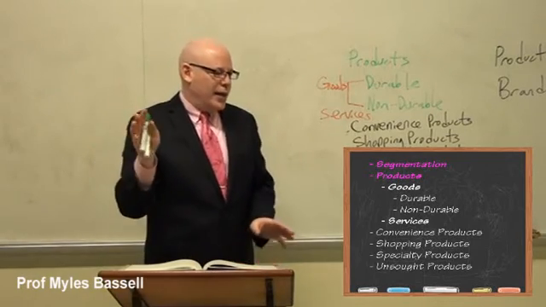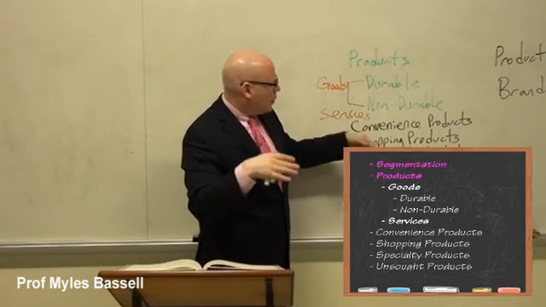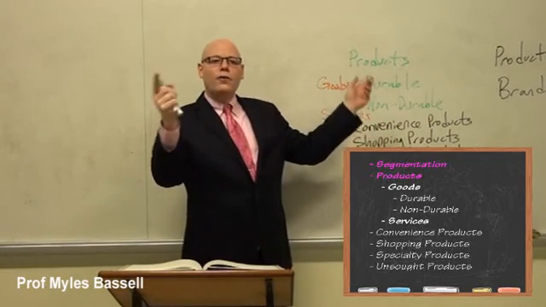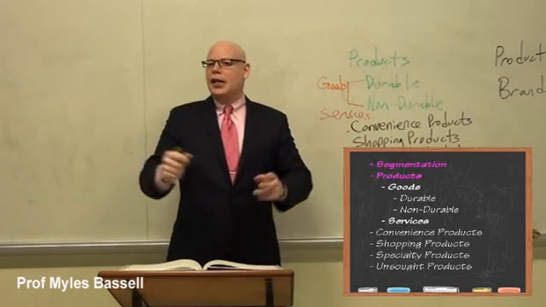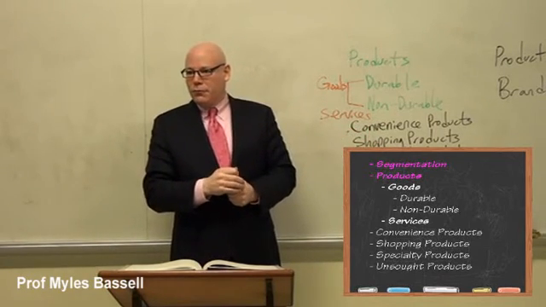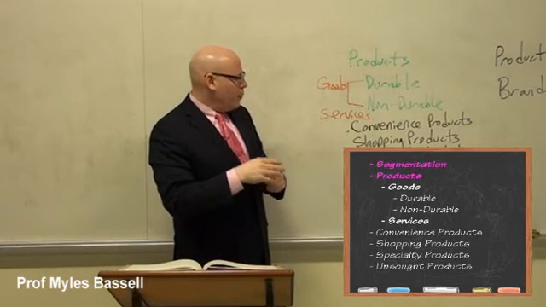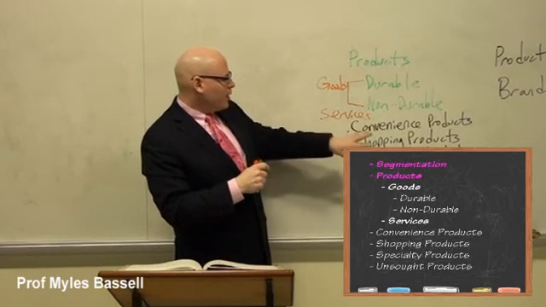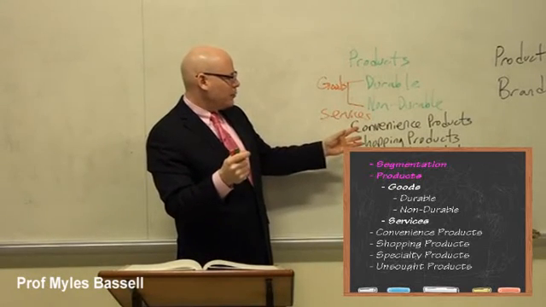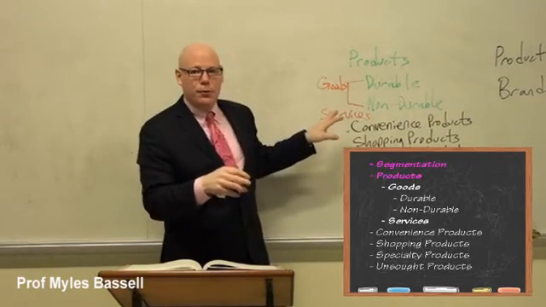Another way to look at this is that convenience products are usually low involvement, and shopping products are generally high involvement. These are two different models, if you will, two different ways to look at the purchase dynamic, but I think it's applicable here to make that leap.